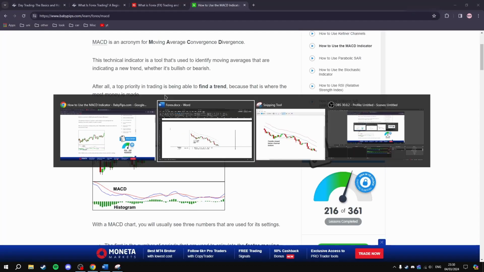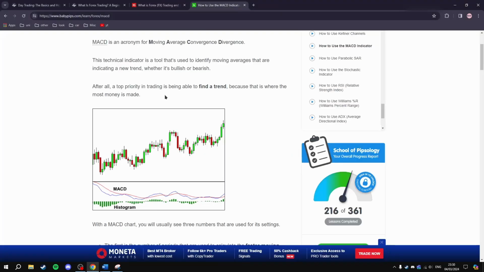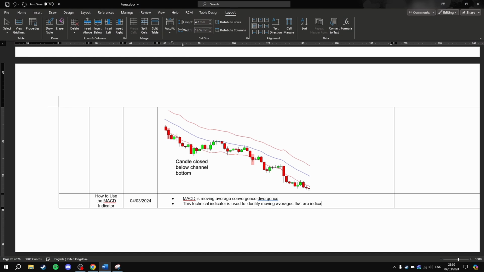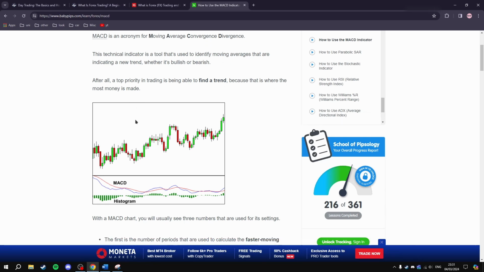After all, a top priority in trading is being able to find the trend, because that is where the most money is made.